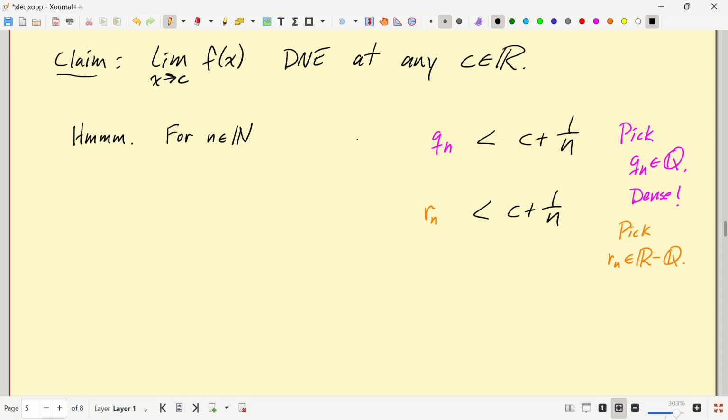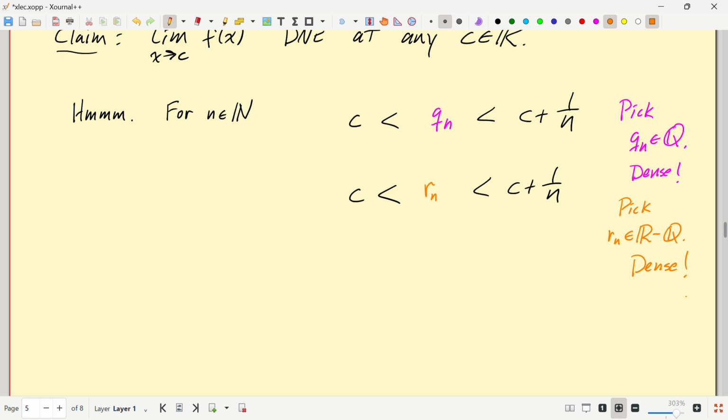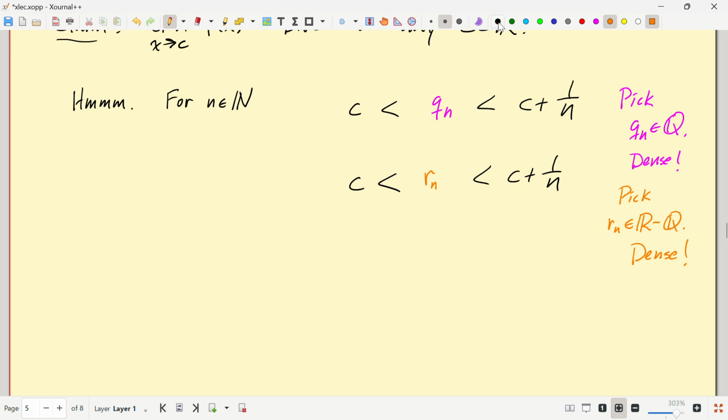I don't want it to be equal to c, so I'll just have them to the right-hand side. And the irrational numbers are also dense. So the q sub n are unequal to c, and the r sub n are unequal to c, and they both tend to c.